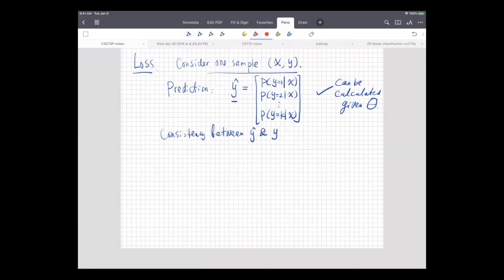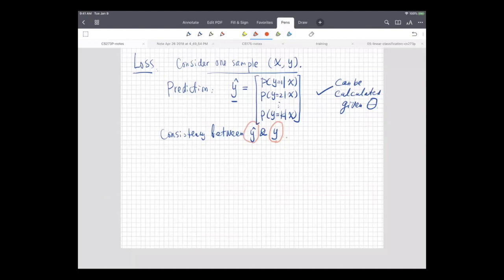This one, y, is the real class label assignment from your training data set. We can view that as the ground truth label. Y hat, on the other hand, is the predicted probabilities from my model, and it is a vector. Y is a scalar, an integer from 1 to K, here 1 to 10. And I want to check how consistent they are.